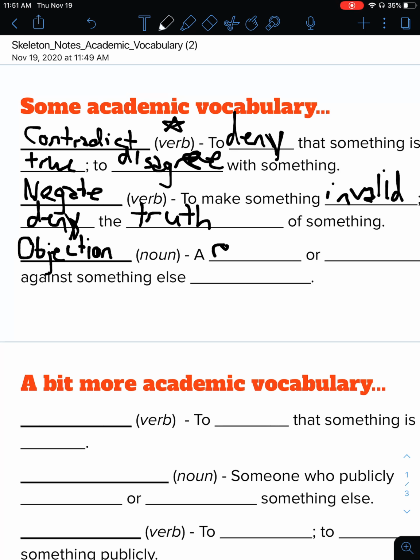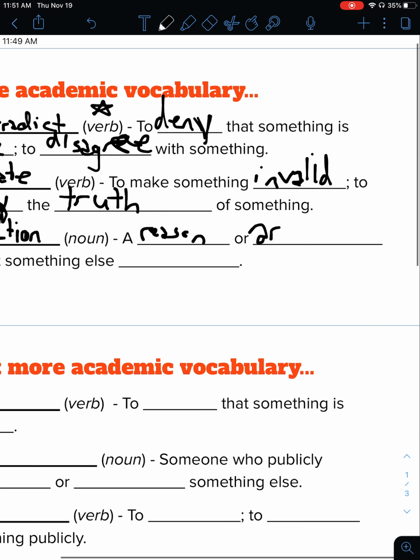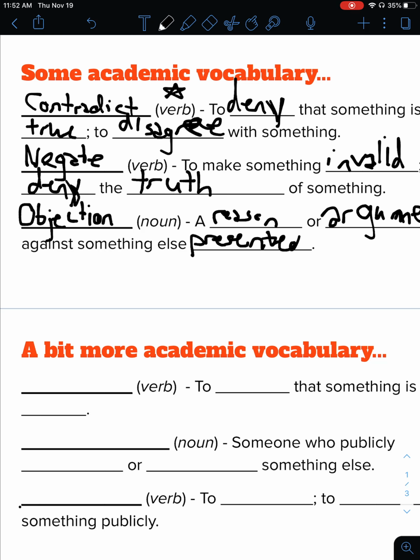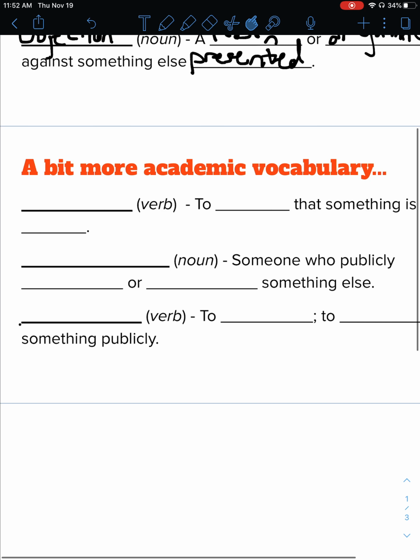So it's a reason or an argument against something else being presented. So basically, when you're making an objection, you're saying, hey, I disagree with you, and here is my side of the story. Here's my argument against your argument. I'm making an objection by having my own argument.